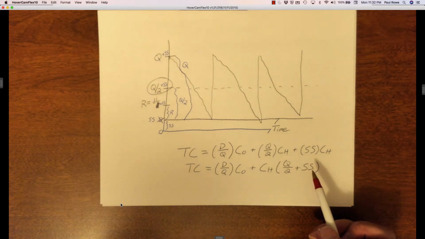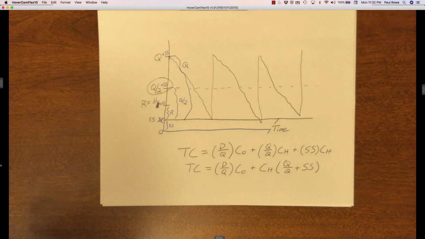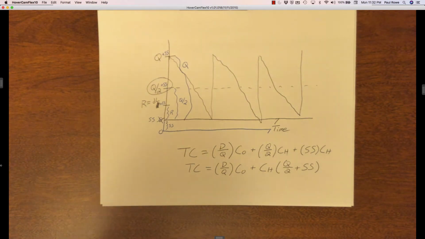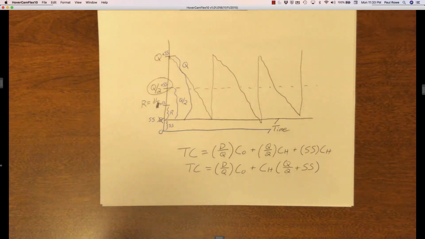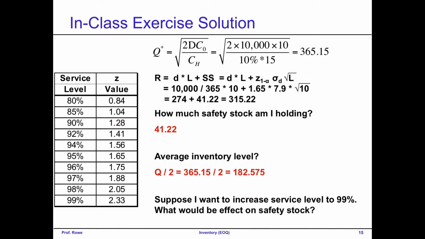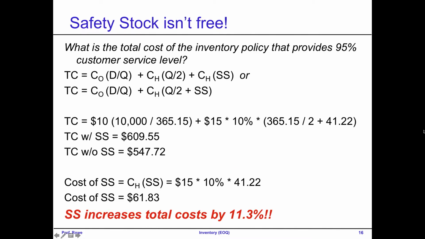That increases. So again, the managerial insight that we'd have to consider is whether that additional cost for holding our safety stock is going to be worth it versus what our company is trying to achieve in terms of satisfying customers at the different levels, 95 or 99%. So we can see that this safety stock has an impact on us. Now, to look at that a little bit further, as we just saw, safety stock is not free.